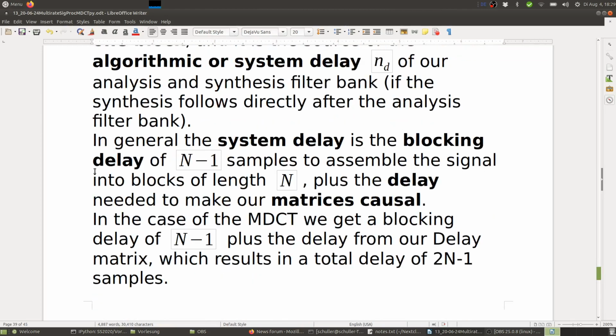In general, the system delay is the blocking delay of N minus 1 samples to assemble the signal into blocks of length N in the beginning, plus the delay needed to make our matrices causal. In the case of the MDCT, we get a blocking delay of N minus 1 plus the delay from our delay matrix, which results in a total delay of 2N minus 1 samples. So this is the standard delay of the MDCT.